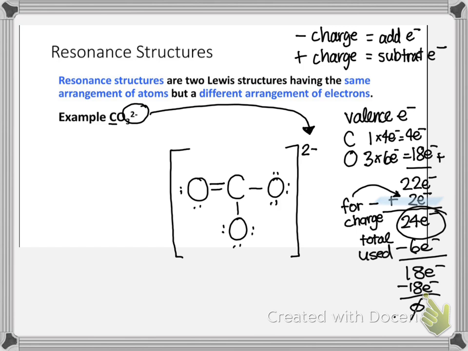What it tells someone looking at your Lewis structure is that 2 electrons were added to that structure. So it's actually CO3 2 negative, not CO3, which would only have 22 electrons. So it's an important part of completing anything with a charge that you put the brackets and then put whatever the charge is outside the brackets.